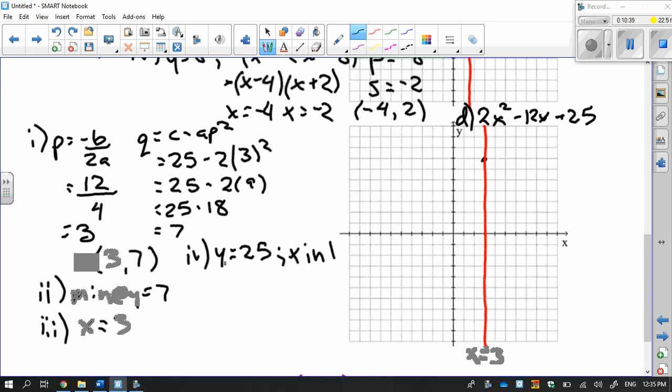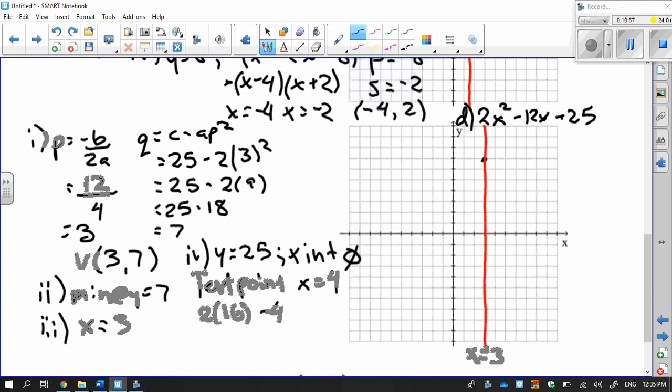So 2 multiplied by 16, because that's 4 squared, minus 48 plus 25 means I have a point at 4, 9. And then using your axis of symmetry, plot. Tiny little guy up there.